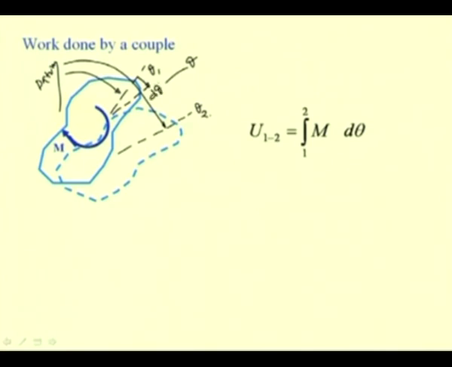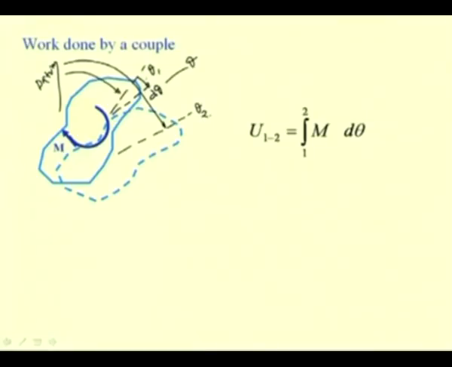Then from our earlier discussion we know that the work done for this incremental angular displacement d theta is M dot d theta, where both of these are vectors, and for the planar case we have seen that this is either positive or negative depending upon whether both the moment and the angular displacement are in the same direction or in the opposite direction.